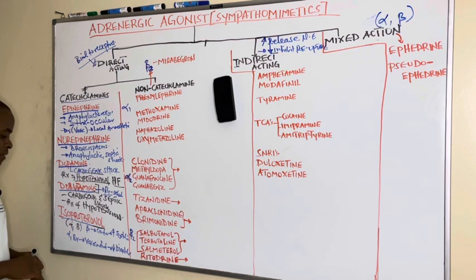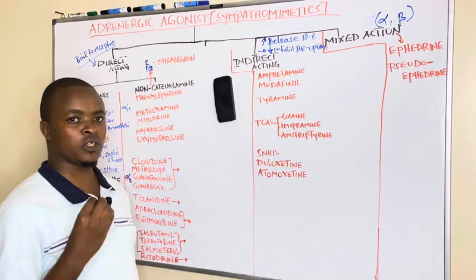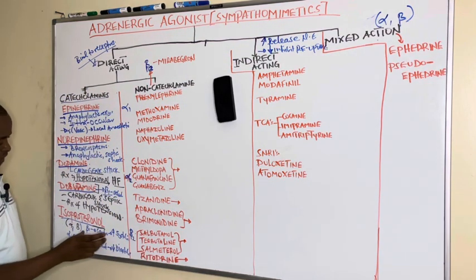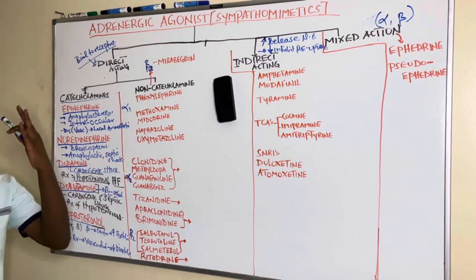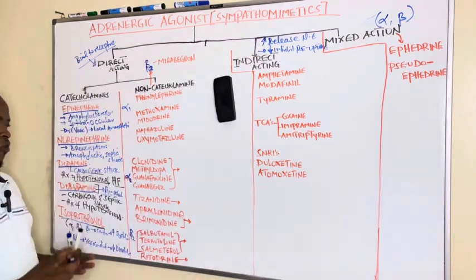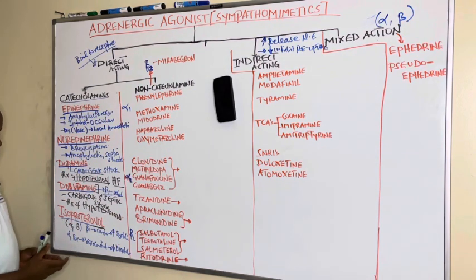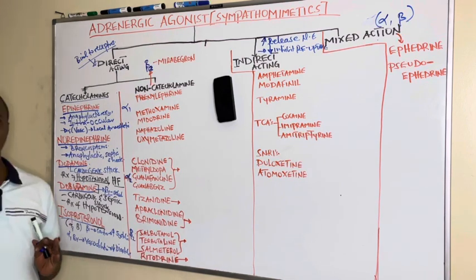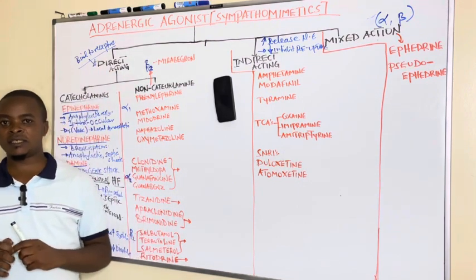And in the long run, it is of little therapeutic use because of lack of selectivity, because when it acts on the beta 1, it is causing contractility, and acting on the alpha 1, actually it is vasodilation, and when it causes vasodilation, it leads to a decrease in the peripheral resistance.